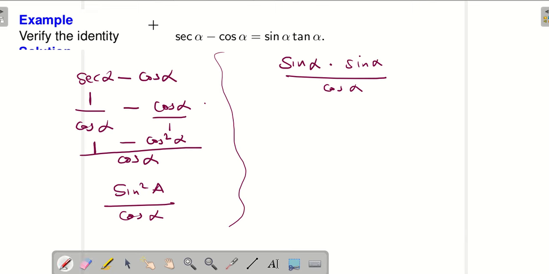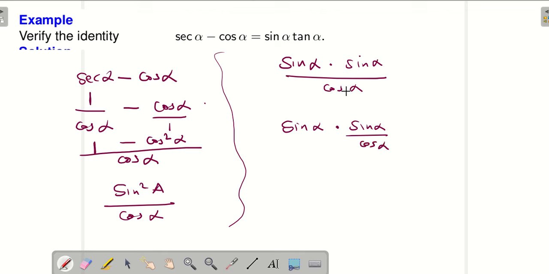So let us apply the concept here. If you have sine alpha times sine alpha all over cos alpha, then we can write it as sine alpha times another sine alpha over cos alpha.